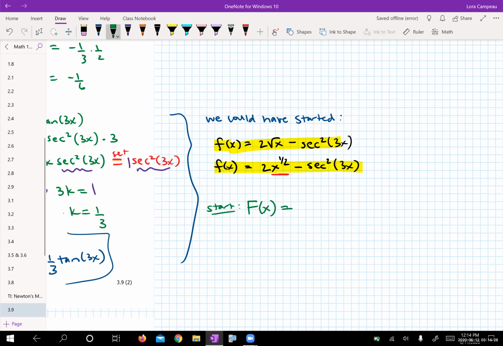Okay, so remember my idea was I was trying to figure out, I know I have to add 1 to the power. So 1/2 plus 1 is 3/2. And I know with the secant square, I know I have to have a constant. But I know the derivative of secant square is tangent.